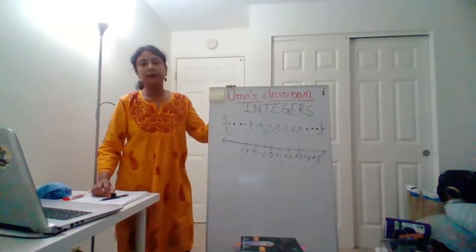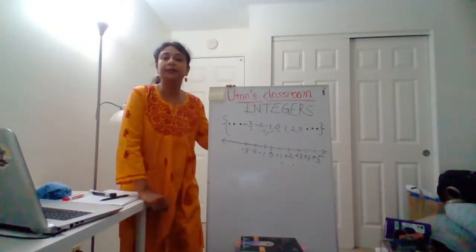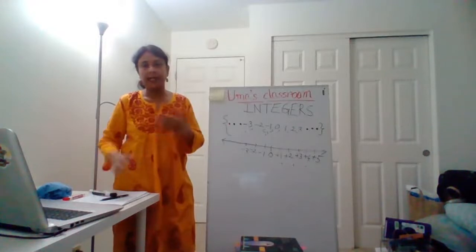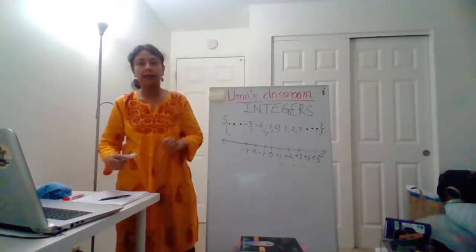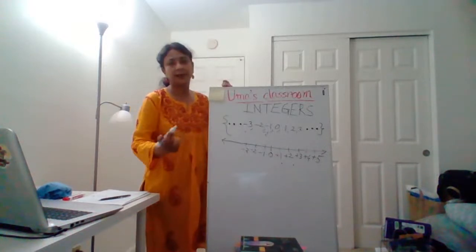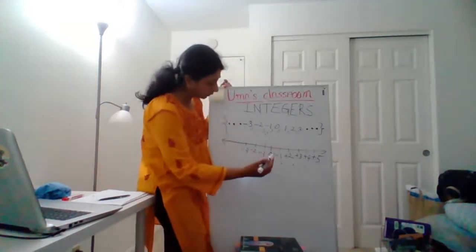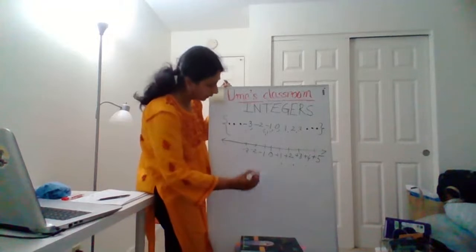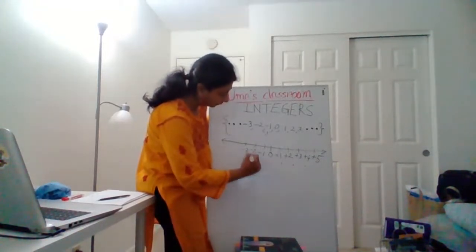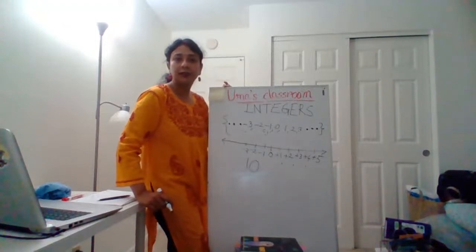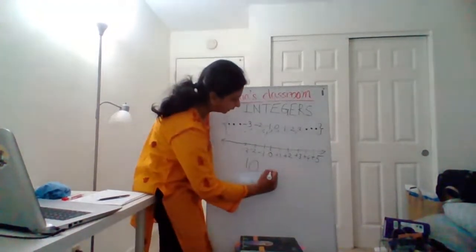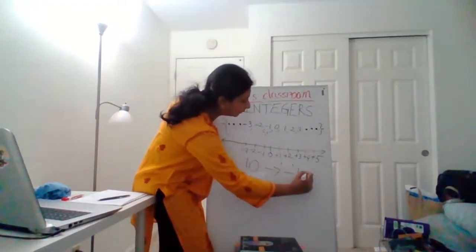The next thing we are going to talk about is additive inverse. Additive inverse is a very common term in integers, and I'm just showing two examples. It's easy to understand with the examples. Suppose my integer is +10, and the additive inverse of +10 is going to be -10.